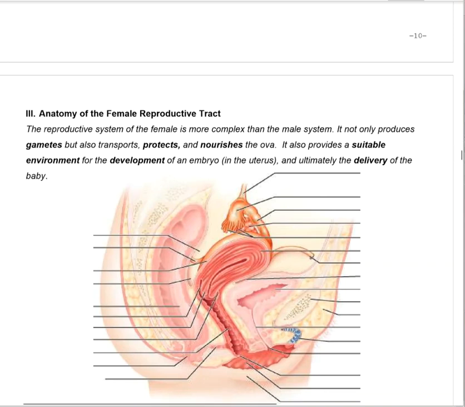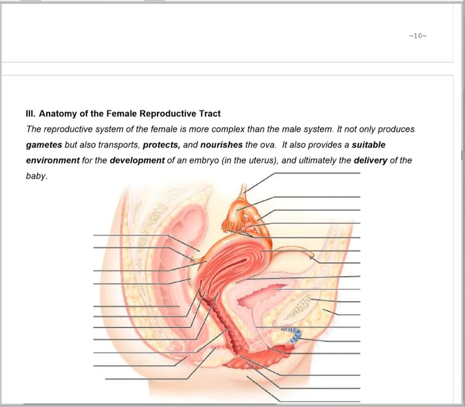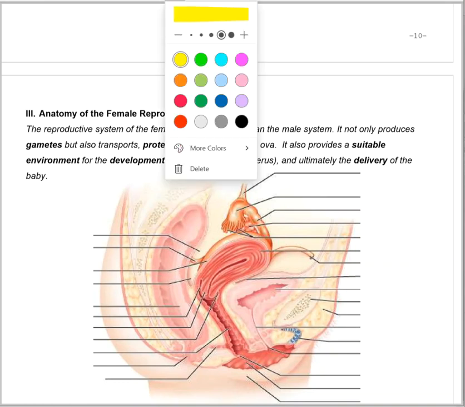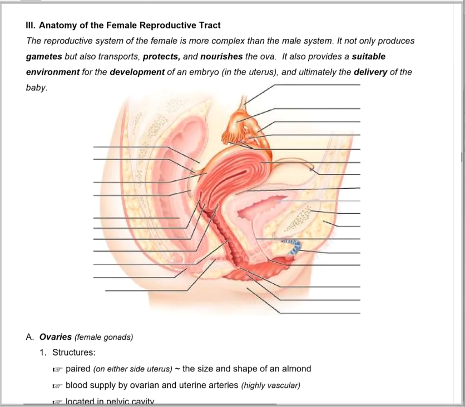So you can see that this is a cross-section of the female reproductive system, very similar to the model that we showed you guys in lab. I'm not going to fill this out right now.